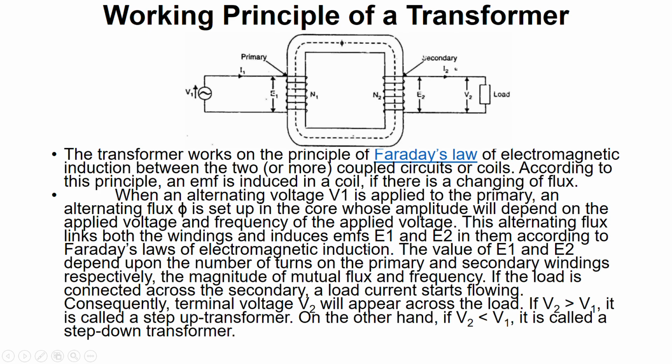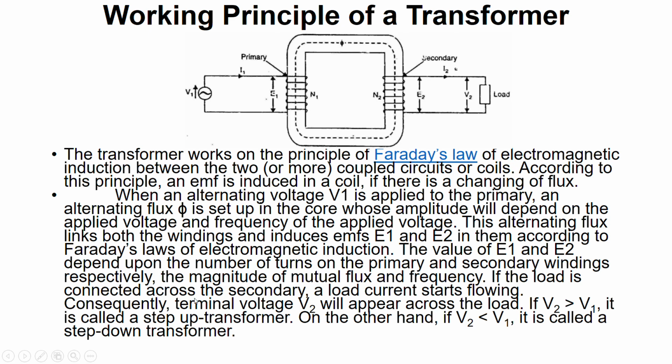This alternating flux links both the windings and induces EMFs E1 and E2 in them according to Faraday's law of electromagnetic induction. So the values of E1 and E2 depend upon the number of turns on the primary and secondary windings respectively, the magnitude of the mutual flux, and the frequency.